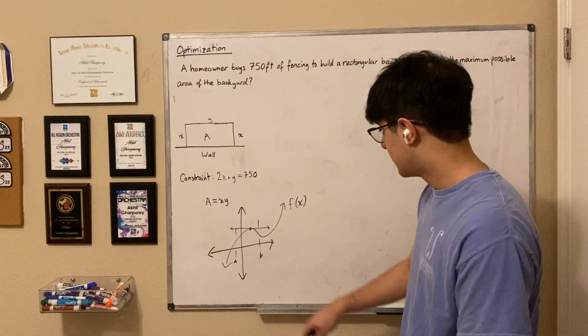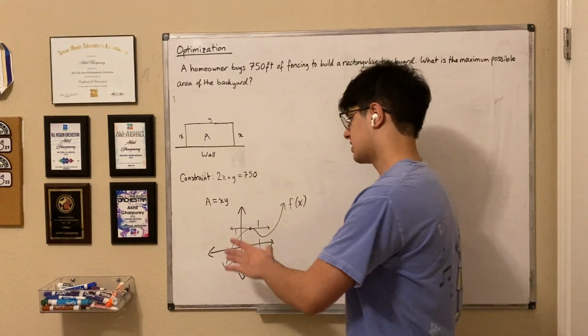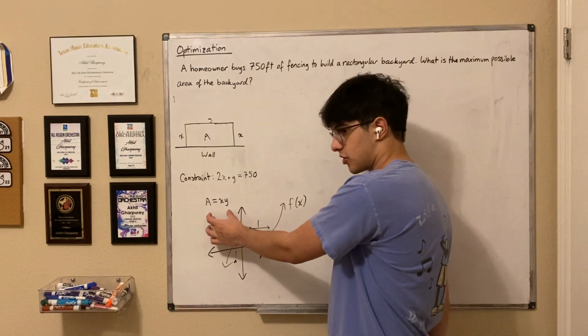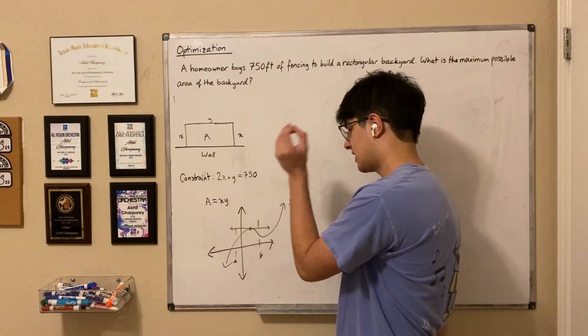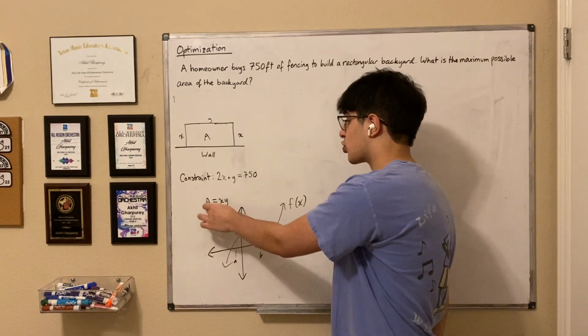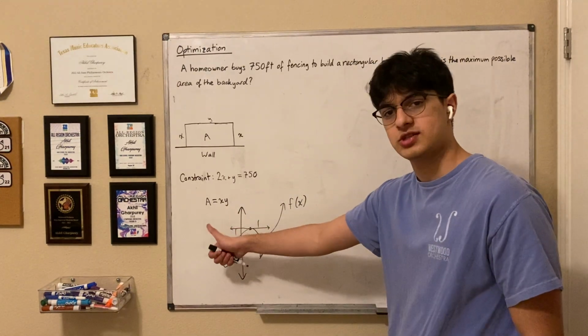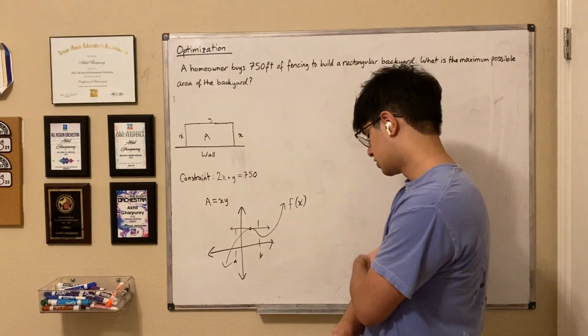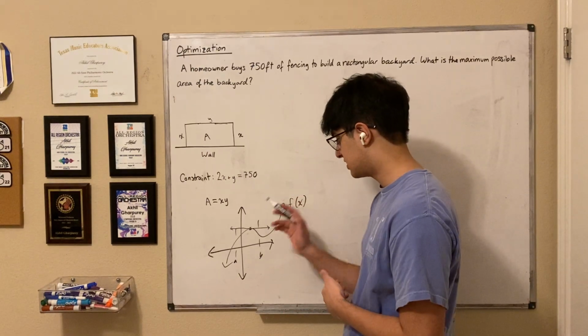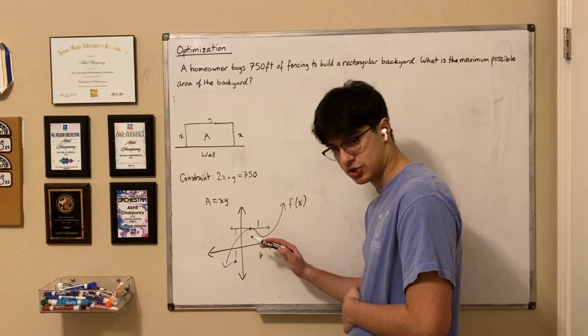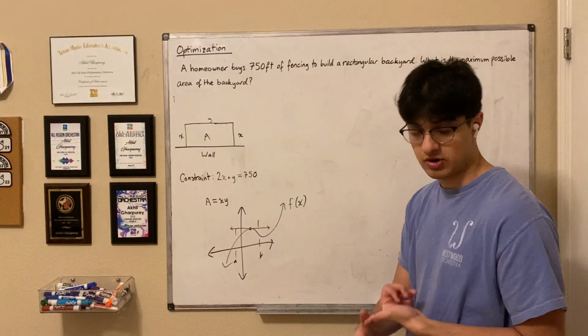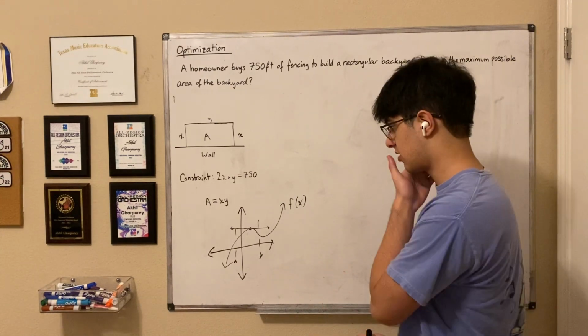So we need to find some way to treat this as a function, A equals xy, and then find the point where the derivative of this function is equal to 0. Because again, the derivative represents the slope of the tangent line. So to get a horizontal tangent line, the slope of that must be 0, hence the derivative must be 0.